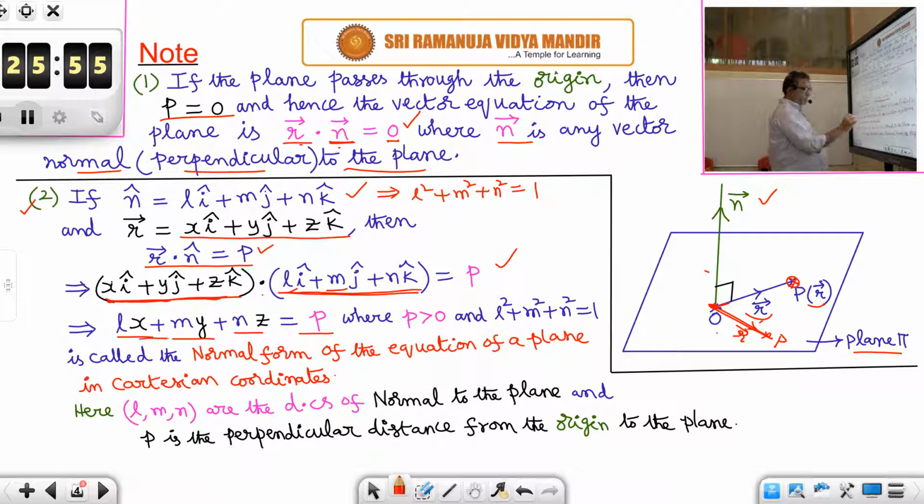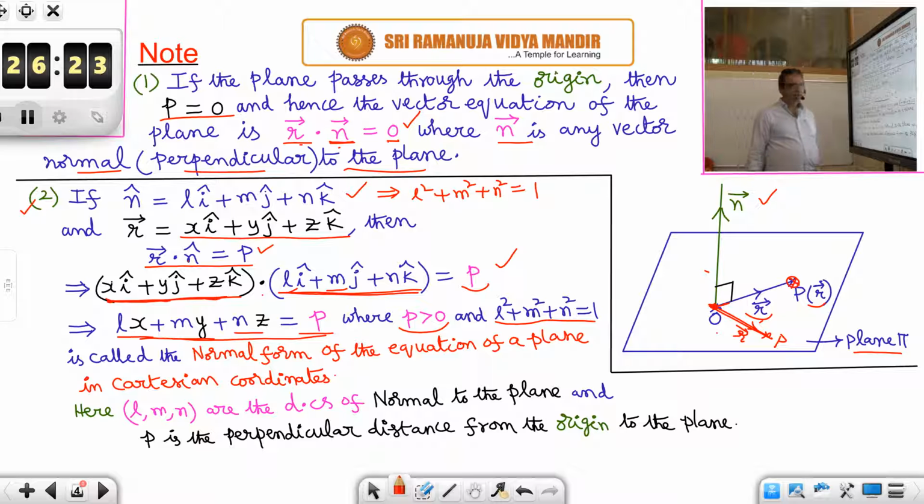So in this equation, p is what? p is the perpendicular distance from the origin to the plane. Therefore, we always take it as positive. The perpendicular distance from the origin to the plane is always a positive quantity. So p is greater than 0, and l square plus m square plus n square is equal to 1 because it is a unit vector.